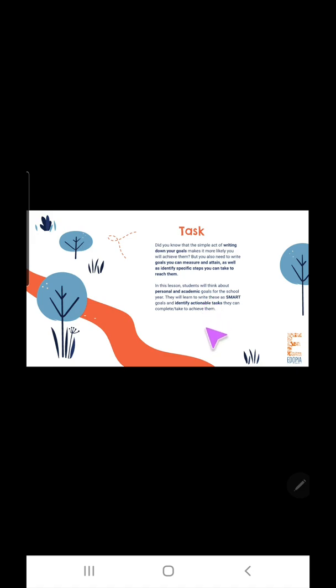An academic goal, guys, is one that is educational. So it'll be related to, for example, your schoolwork, whereas the personal will be things that you would do outside of school. There might also be things that you pursue in school, but they're personal to you, things that you might also do outside of school. Academic, though, just as you guys related this word academic to academy, which I was really impressed by, guys.